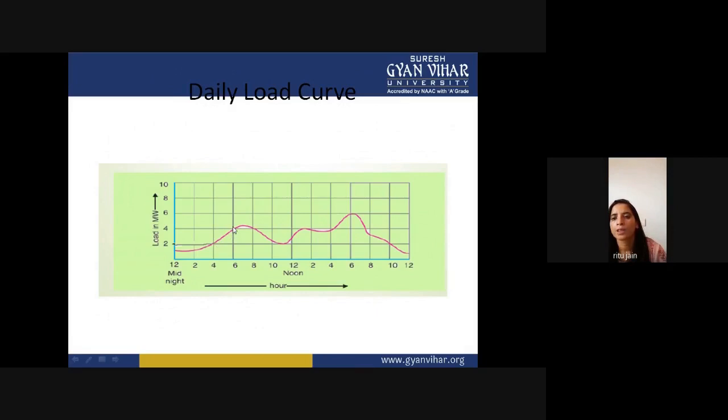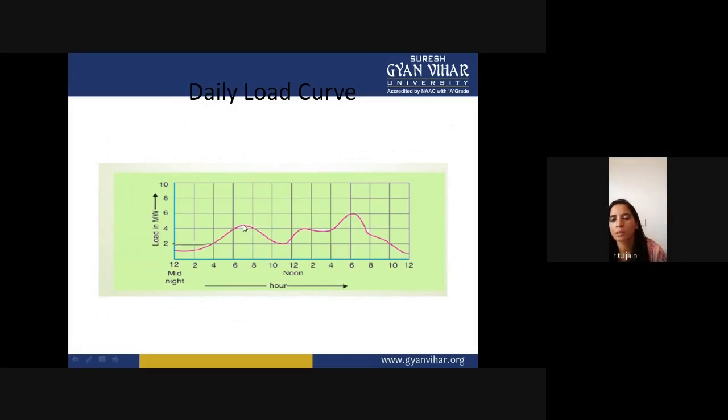At 6 a.m., it reaches 4 megawatt because all people get up early in the morning and they use lighting systems, or in winters they use geysers, and so many equipments are used at this time, so the load increases linearly. After that, the load reaches its peak, which is greater than 4 megawatt.